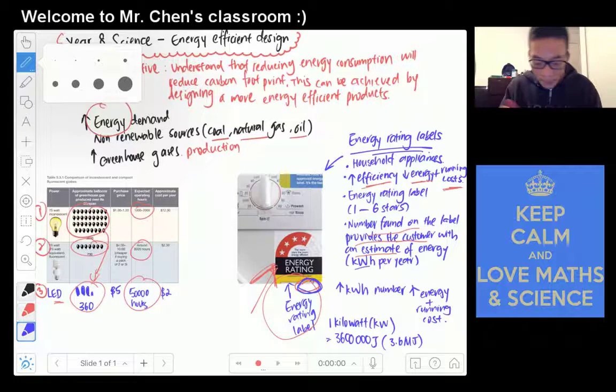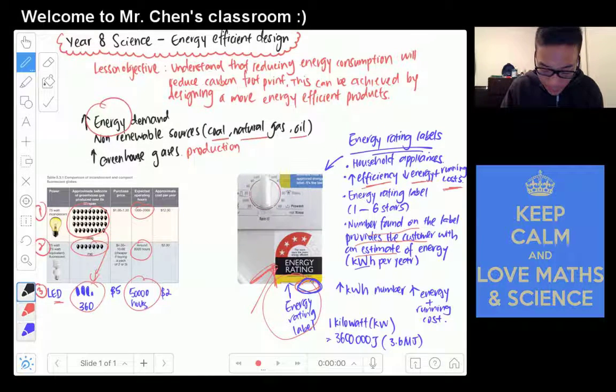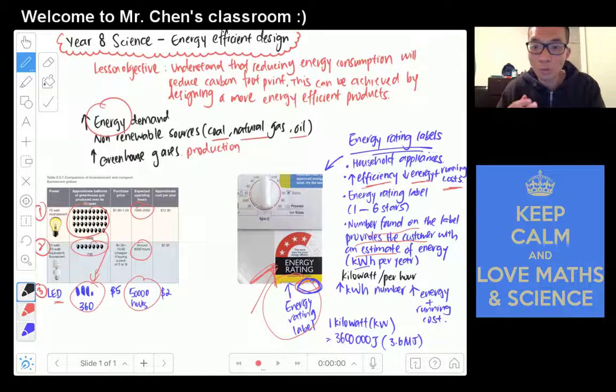And kWh stands for kilowatt hours per year. Kilowatts per hour means how many kilowatts are used per hour. I want you to go to any appliance store and actually compare. Remember, the higher the kilowatt number, the more energy it needs, which directly will increase your running costs.